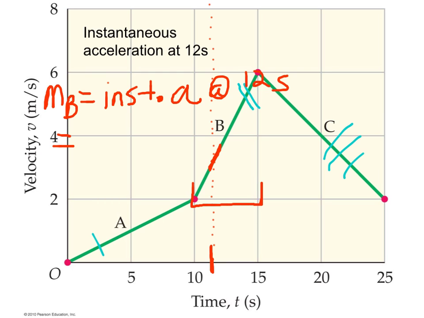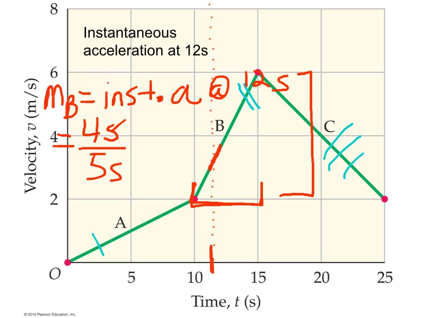So I can see pretty clearly from the graph that the change in y during that part goes from 2 meters per second up to 6 meters per second, which is a change in y of 4. And then the change in x goes from 10 to 15 seconds, so that's 5 seconds.